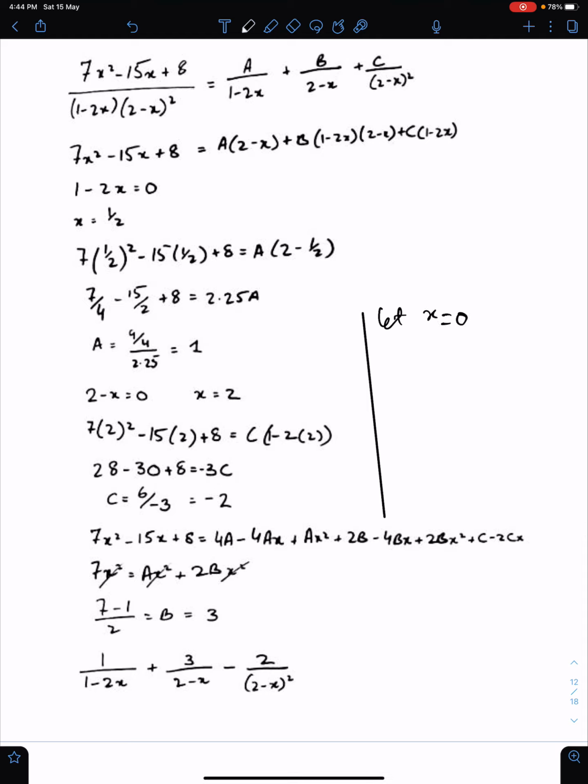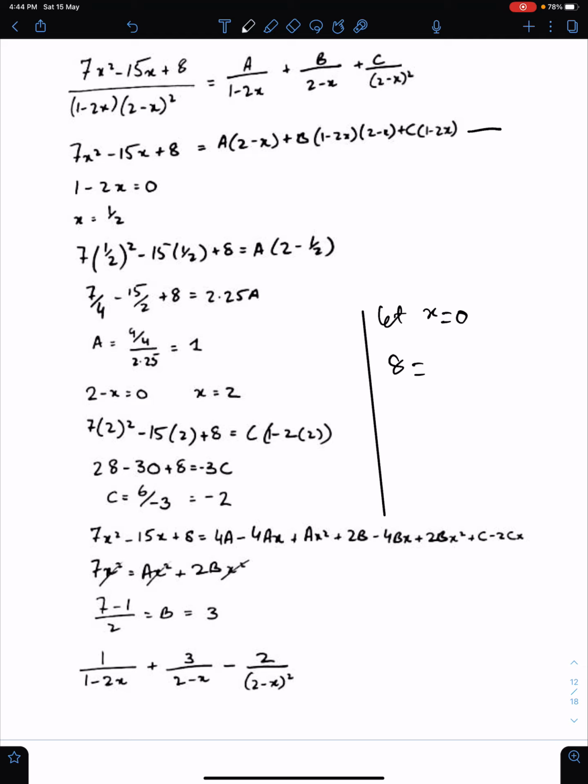When you put x as 0, you will get 8 on the left hand side of this equation, and since a is 1 bracket 2 b, you are working for b. You are substituting x as 0, so you have 2 here, c is minus 2, and this is 1, so b is 3. This is the easiest method.